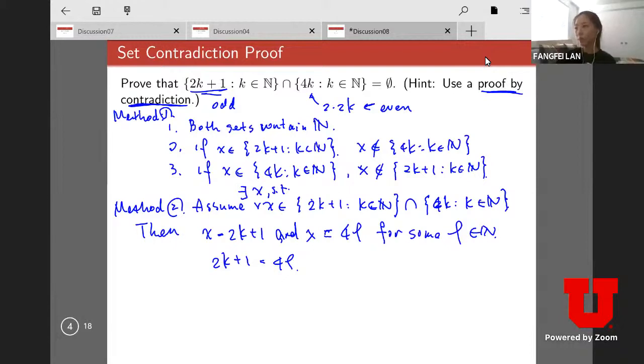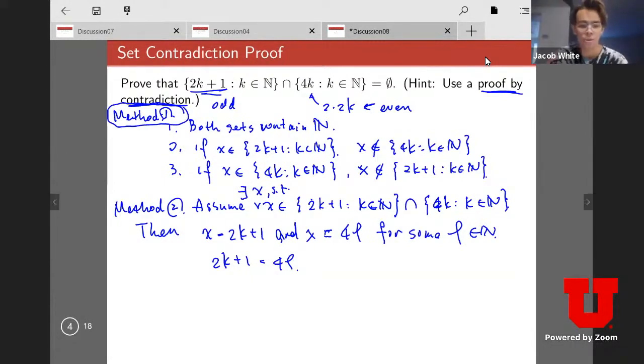Yes, that is true, but it's not as obvious a contradiction because you didn't assume X to be either even or odd. If you want to split this up into two cases and say that if X is even, then blah, blah, blah, that goes back to method 1.